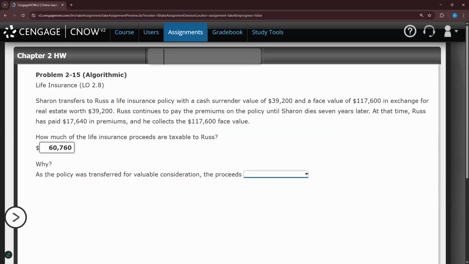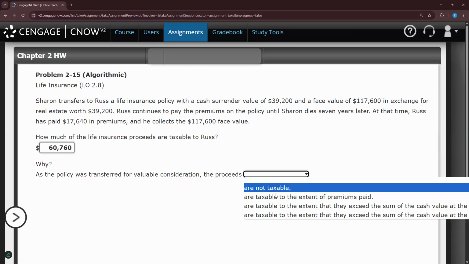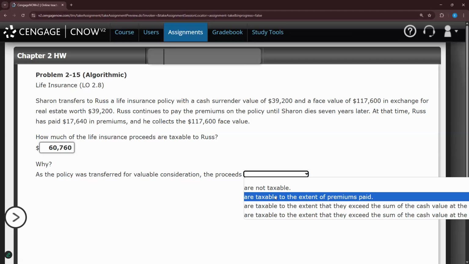And now here it's asking why, right? Someone might say, I thought life insurance was excluded from tax law. Why do I need to pay taxes on this? The policy was transferred. So as the policy was transferred for valuable consideration, the proceeds are not taxable. And correct. The proceeds are taxable to the extent of premiums paid. Sounds like a good answer, but it's not the best answer.